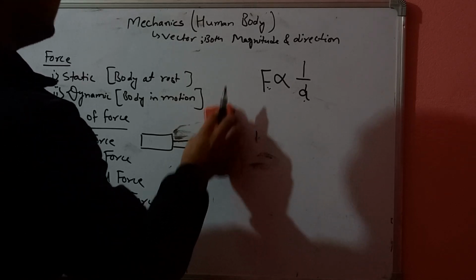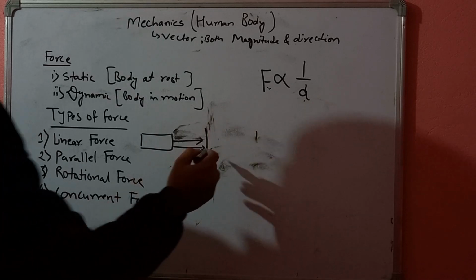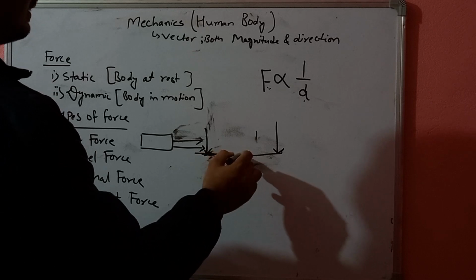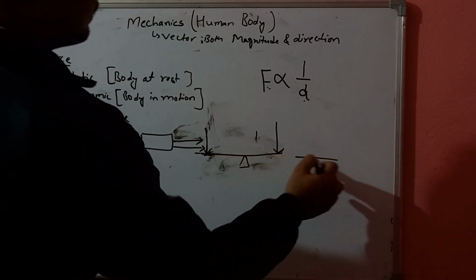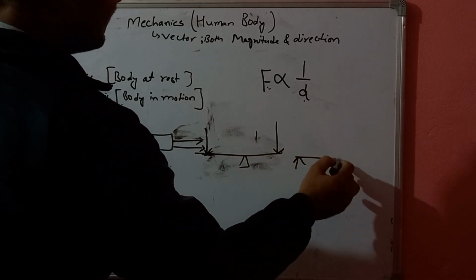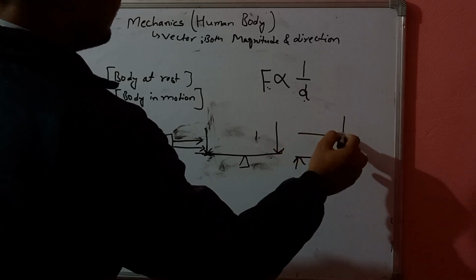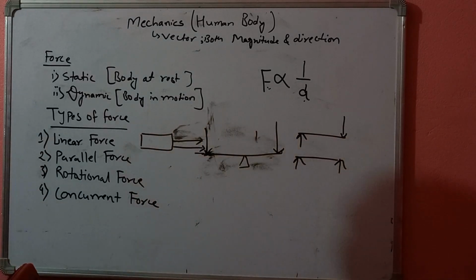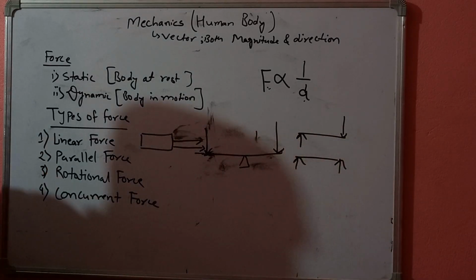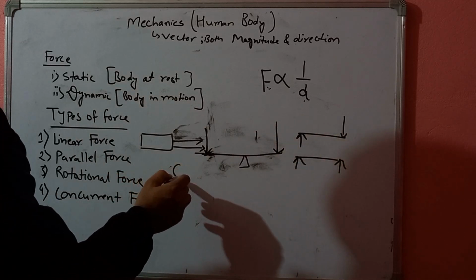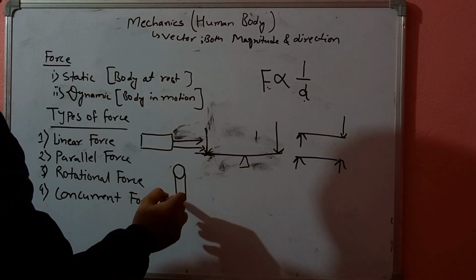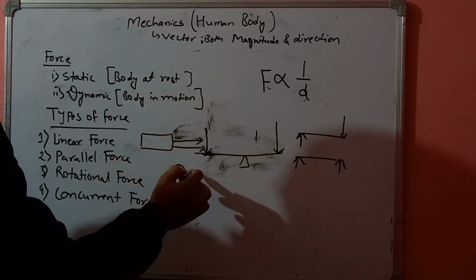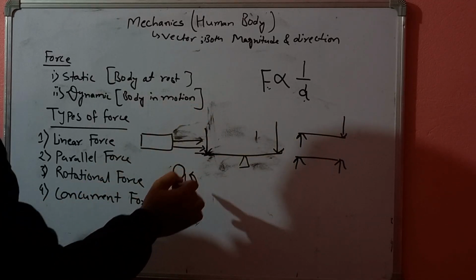Now we only need to understand what parallel force is. Parallel force means force acting on both sides, right? There will be force acting here and here, or maybe here or here. These are parallel forces, right? Rotational force means force acting in the circumference area, like this, understood?